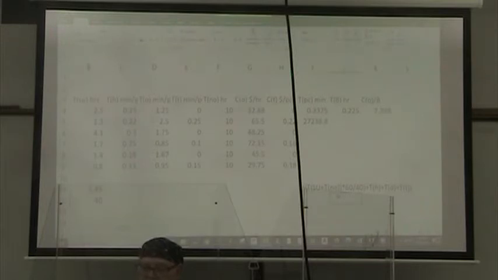All right, so equals our time per piece in minutes divided by 60 minutes per hour times our units per batch.